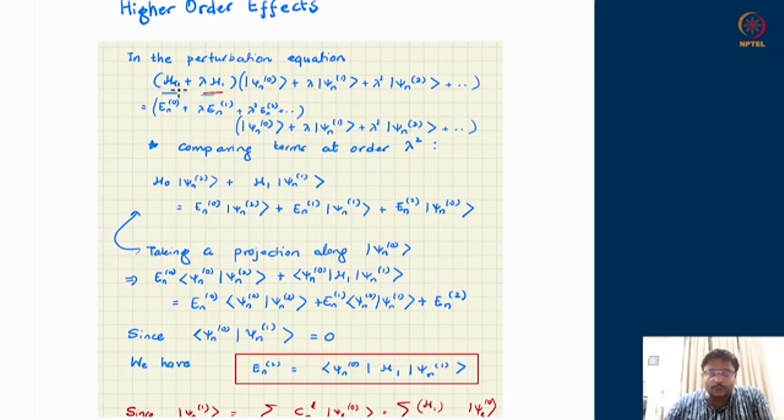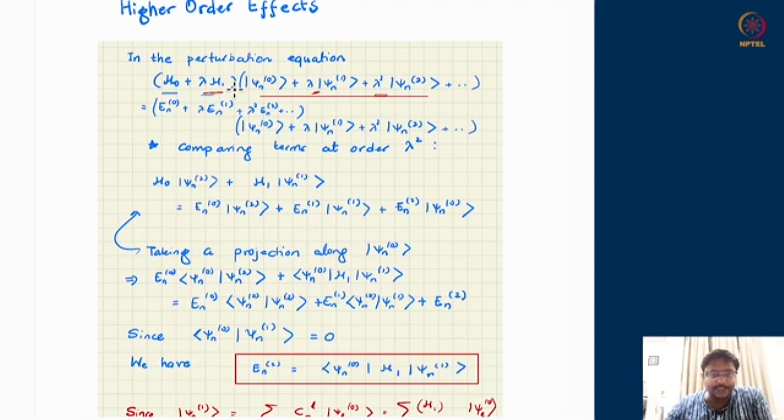We do not know what function of lambda the corrected eigenvalues and corrected eigenfunctions are. Therefore, we write them in terms of a power series: lambda order effect, lambda square order effect, because we do not know whether the wave function remains the same or changes, or if it changes, then with what function of lambda. It could be any function of lambda which satisfies the new differential equations.